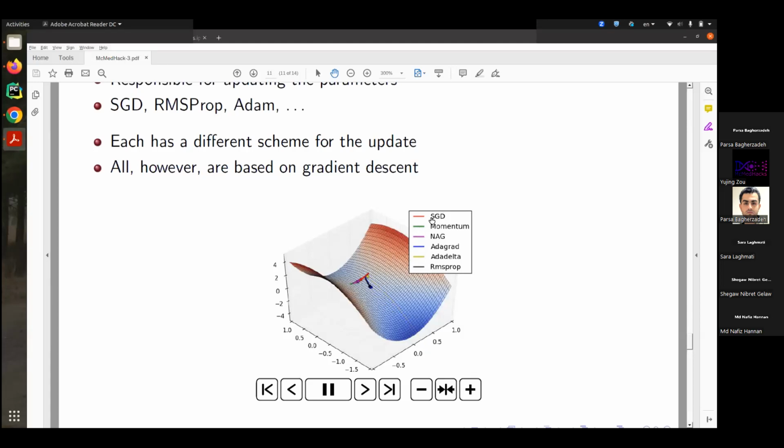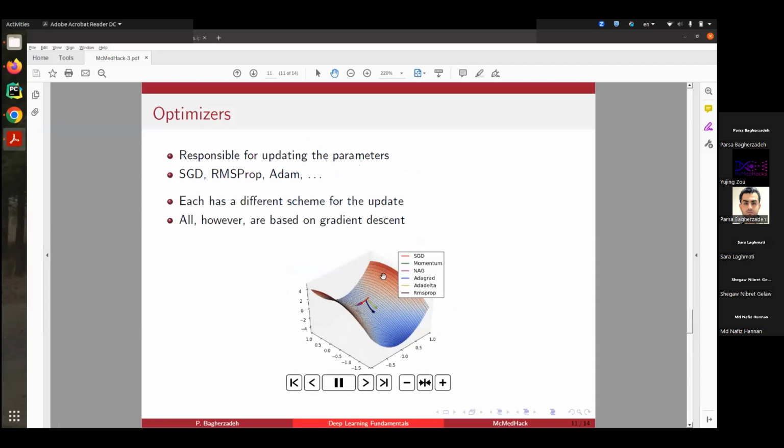But other optimizers like Adadelta or RMSprop can escape these plateaus and reach a better minimum. Their difference is the scheme by which they update these parameters.